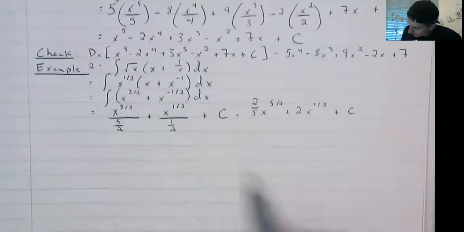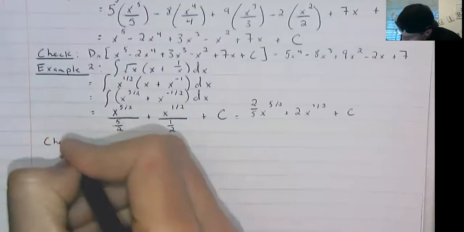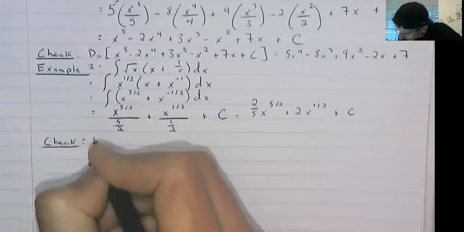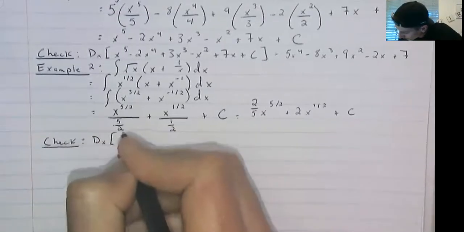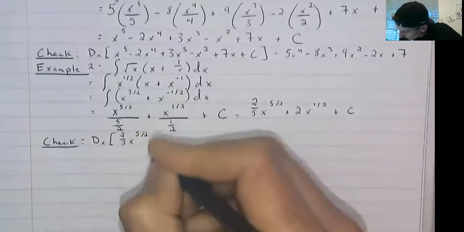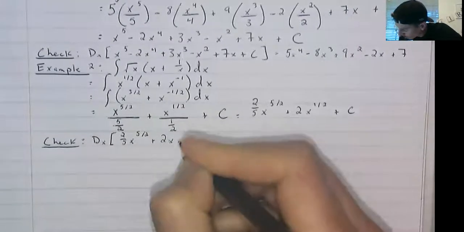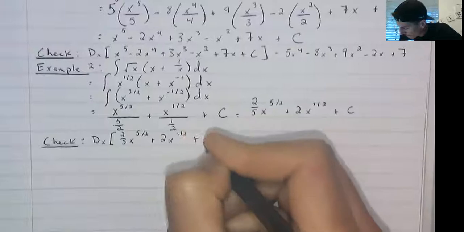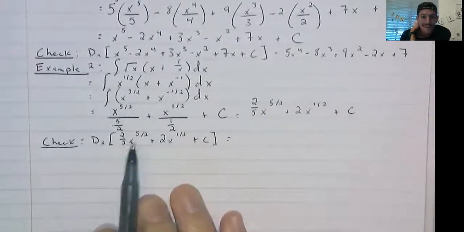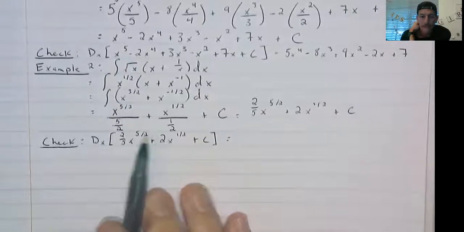Do a quick check. The derivative with respect to x of 2/5 x to the 5/2 plus 2x to the 1/2 plus c. Derivative of 2/5 x to the 5/2, that 5/2 drops down.